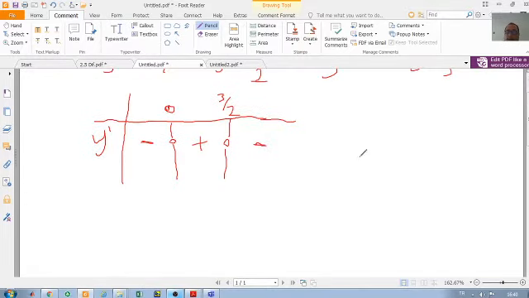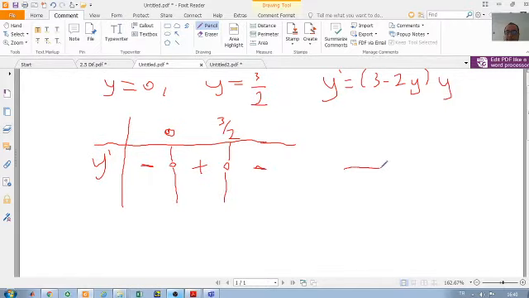After that we will determine the phase line of the equation. This is the number 0, this is the second equilibrium solution, 3 over 2. For all values of y bigger than 3 over 2 we have negative slopes, therefore the direction will be in the negative side, like this one.